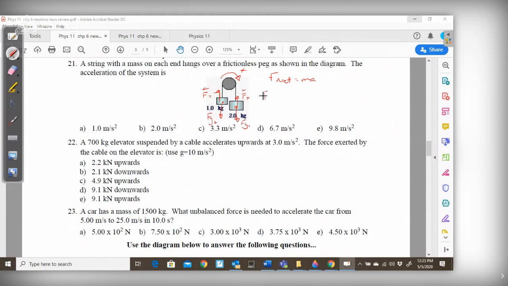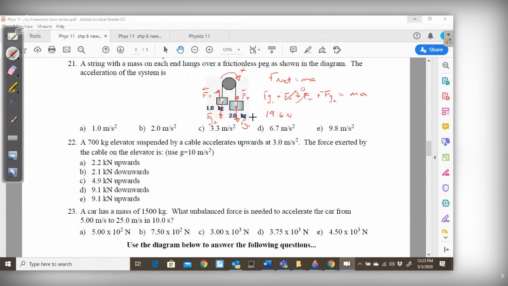So we'll have a force of gravity 1 plus a force of tension, which is negative, plus a force of tension, which is in the positive direction, plus a force of gravity 2, which is a negative value, and that's equal to our total mass times our acceleration. So we have 2 times 9.8, so this is going to be 19.6 newtons. These add up to give us 0.